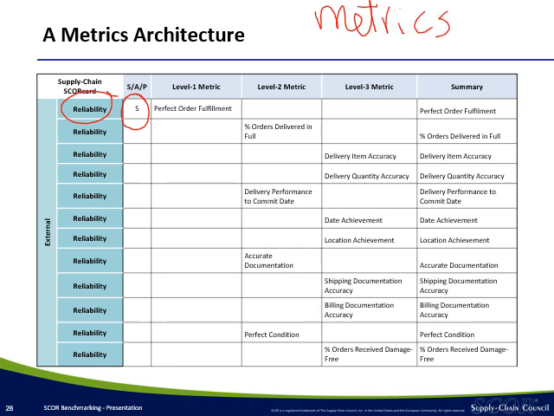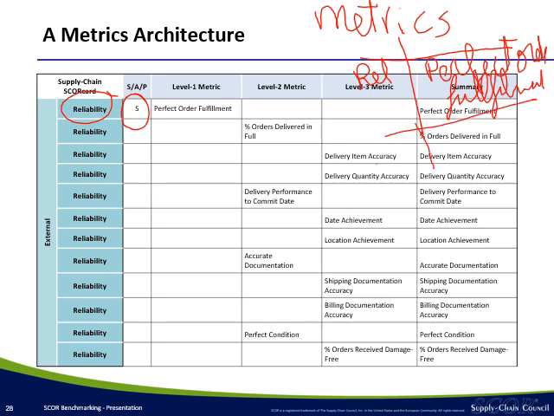It will give you a table, and that table says if you want to measure reliability, you measure perfect order fulfillment. That's level 1. If you want to measure responsiveness, it gives you what to measure. This is the table you find in the previous slide. So now I know for reliability, the level 1 metric is perfect order fulfillment.